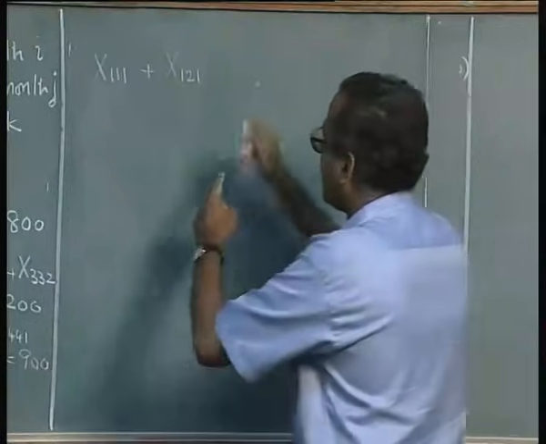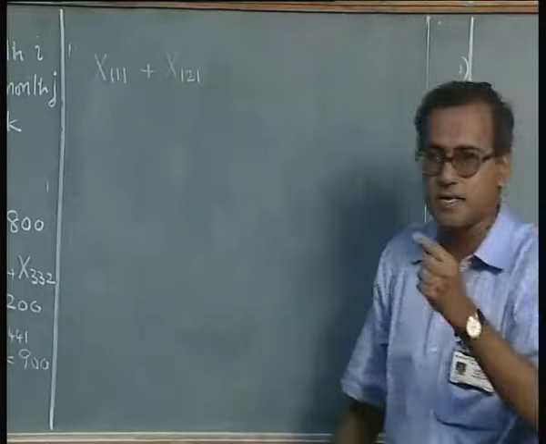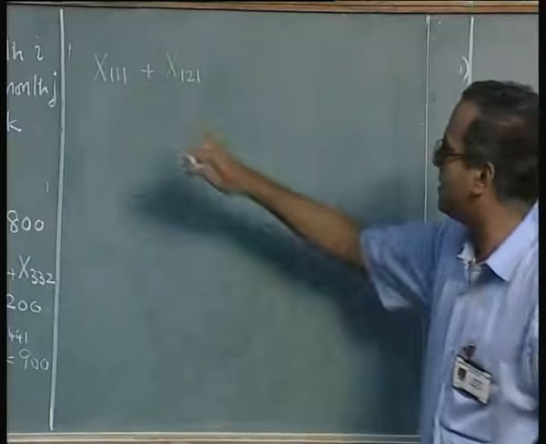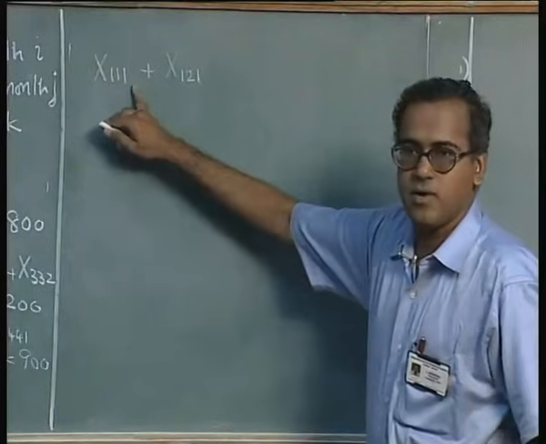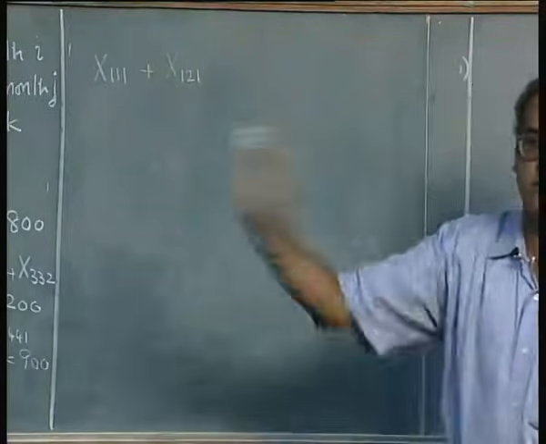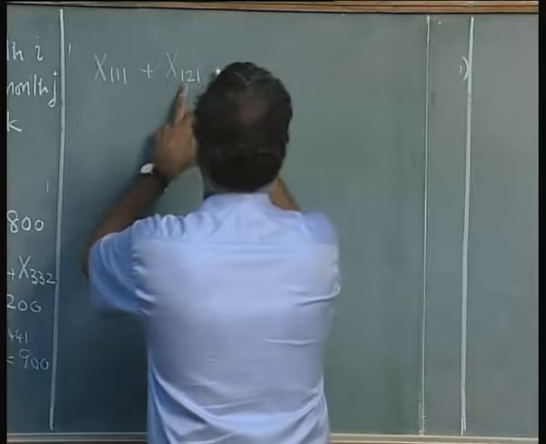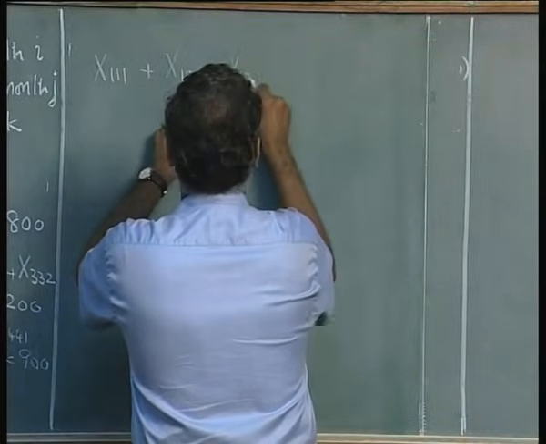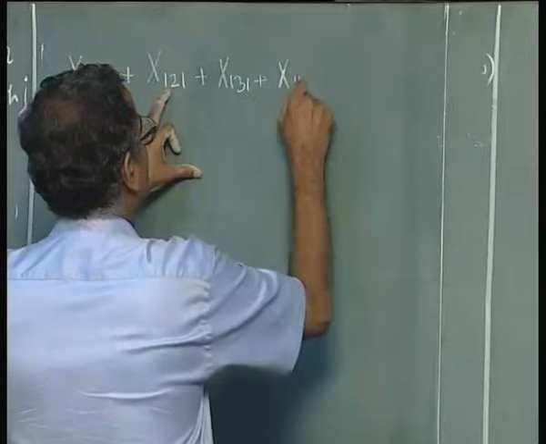So, when we are looking at the first month's regular time production quantity, i will be 1, k will be 1, but j can be 1, 2, 3 and 4. So, you will have x111 plus x121 plus x131 plus x141.